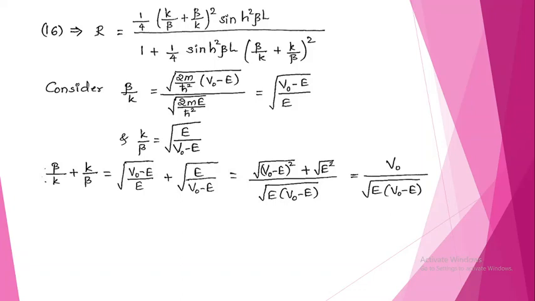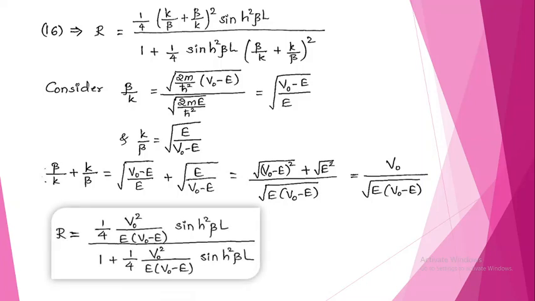The numerator will be V naught minus E plus E. Minus E plus E will get cancelled, and we get this term equal to V naught by the square root of E into (V naught minus E). Now we need to substitute back in our previous equation, so that R, the reflection coefficient, will be equal to 1 by 4.